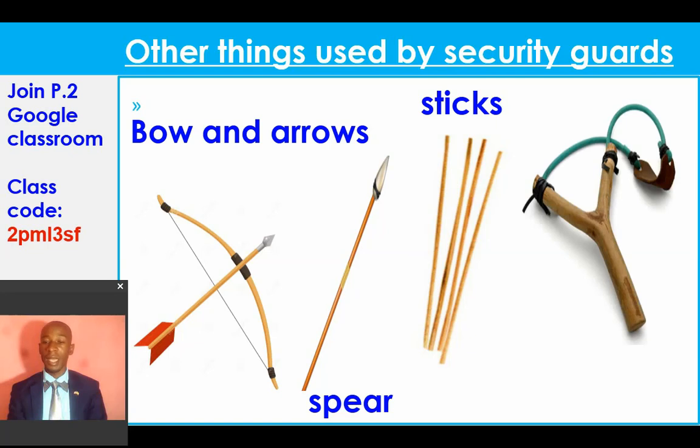And lastly, let me talk about this one. This one can be made locally. You yourself, you can also make it. And how do we call it? Someone knows? So this one is a catapult. A catapult is made out of a tree branch which is forked, having two other branches.